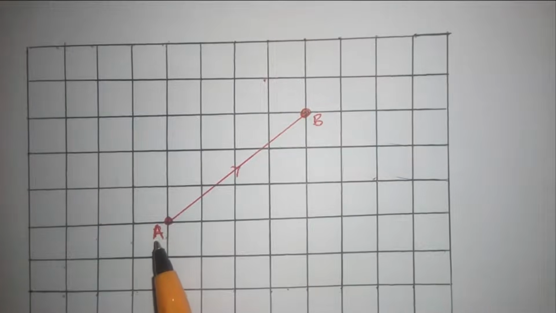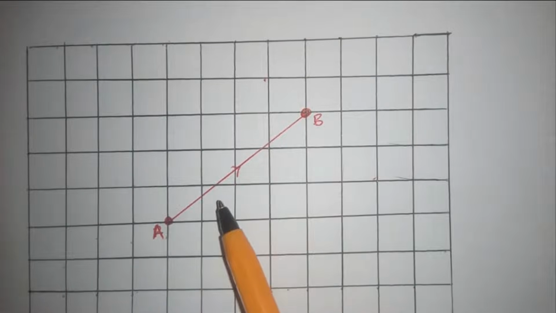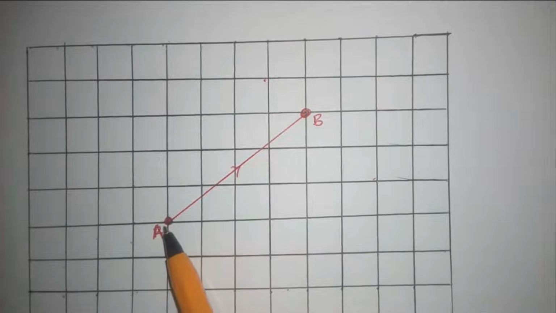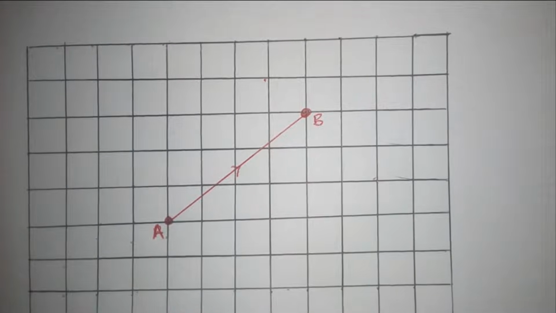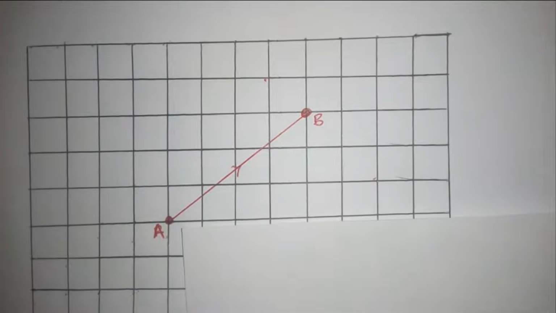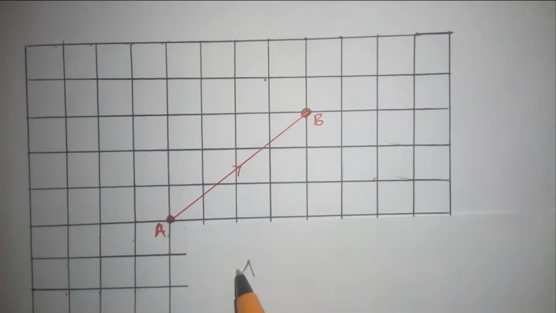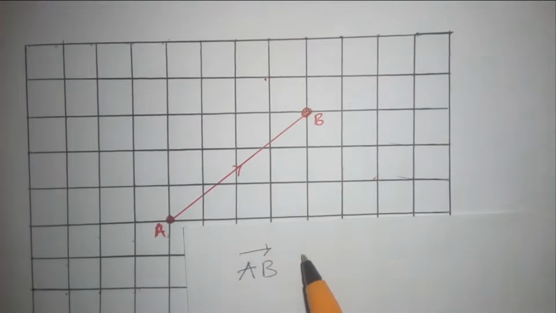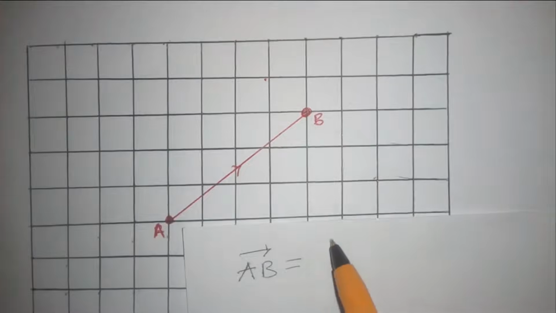Sometimes you may be given a question like this and you're asked to find a vector. What is this vector? Vector AB. So let me write it here.